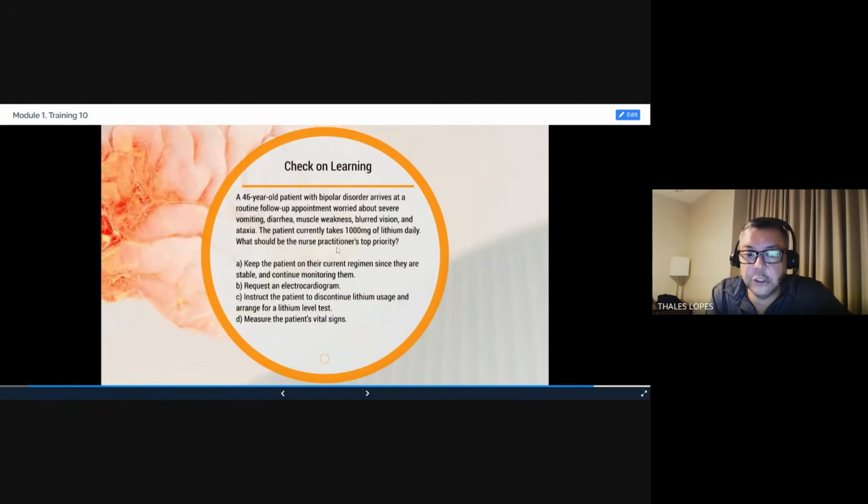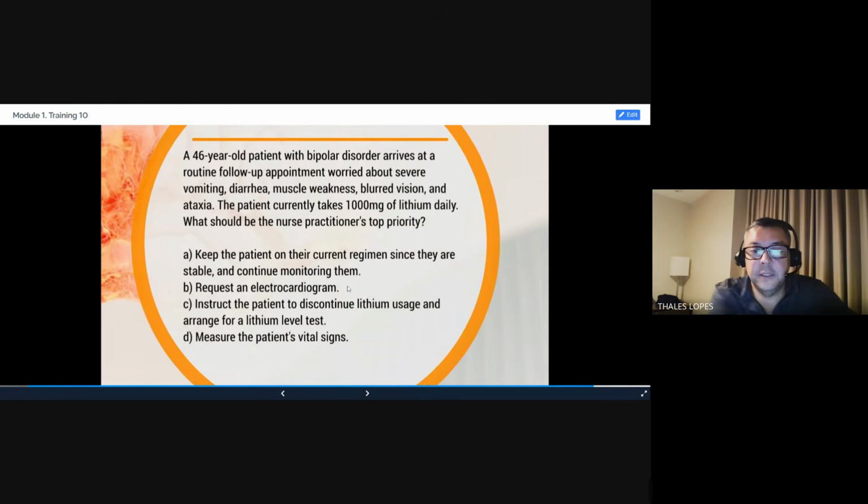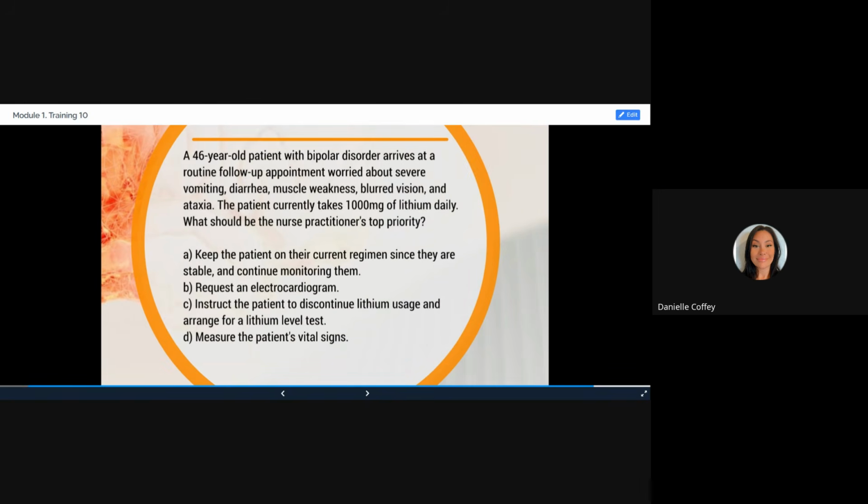May I have someone that could read this question for me, please? Any volunteers? Thank you. Please. A 46-year-old patient with bipolar disorder arrives at a routine follow-up appointment worried about severe vomiting, diarrhea, muscle weakness, blurred vision, and ataxia.